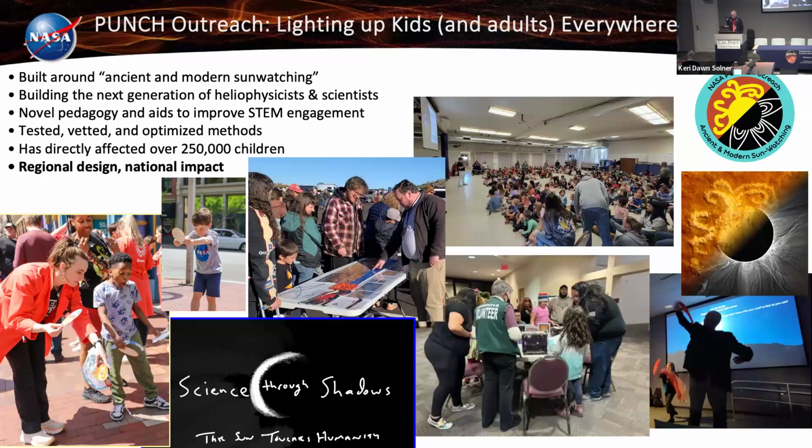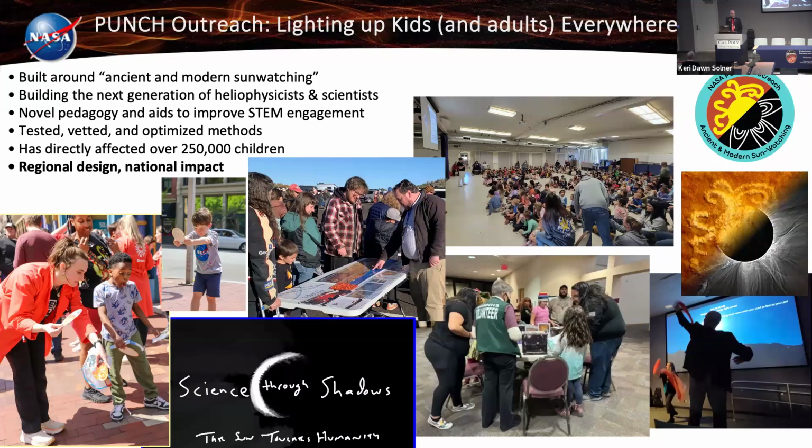This talk wouldn't be complete without PUNCH Outreach. The PUNCH Outreach program is best in class. It's built around the theme of ancient and modern sun watching. I'm sure you're all aware of it because we've been hammering so hard on it. We're building the next generation of heliophysicists and scientists by lighting up kids now and educators as well.